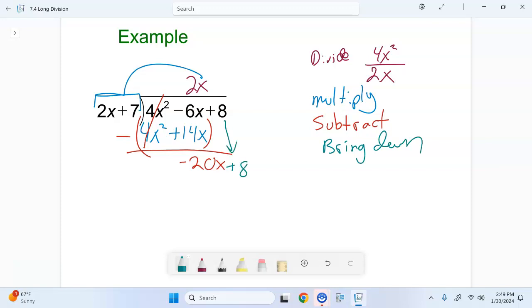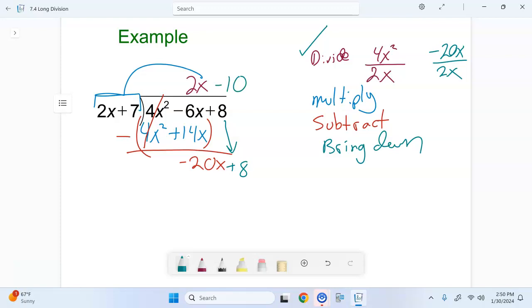Now what? Now you go back to divide. We're going to divide again. What are we dividing? Negative 20x divided by 2x. What does that give me?